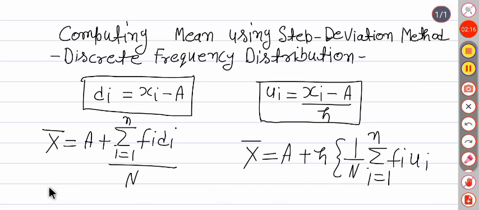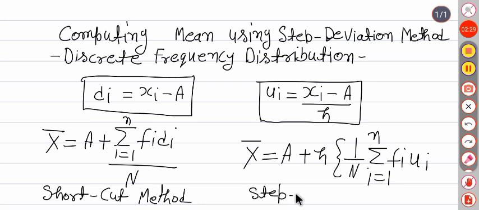This is the shortcut method, and this is the step deviation method.